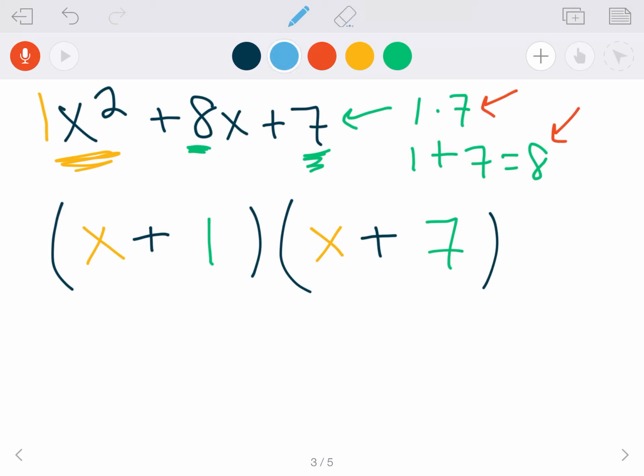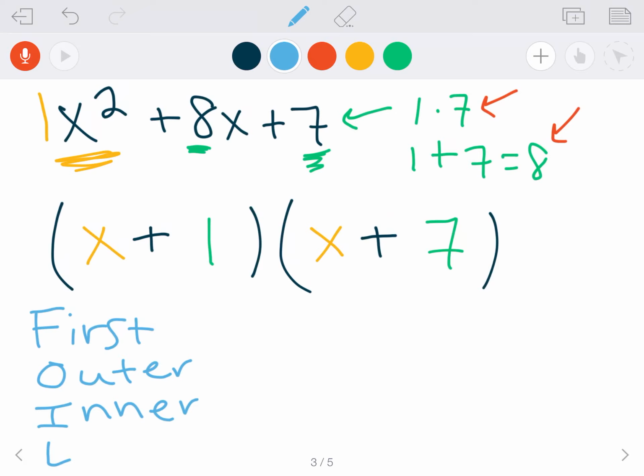So we know FOIL: F was for first, O was for outer, I was for inner, and L was for last. So I'm going to start a new page here, but I'm going to transfer over this factoring to see if it works.